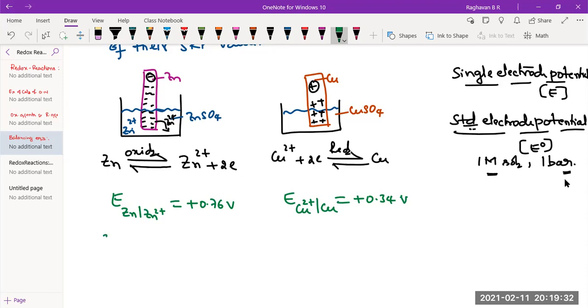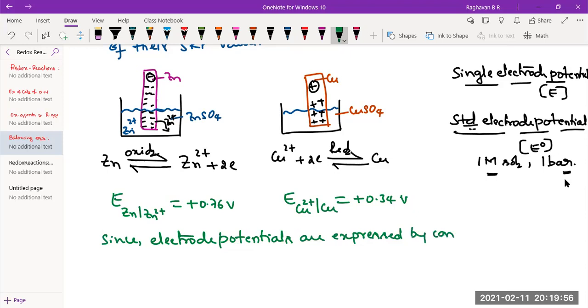Okay, so electrode potentials are expressed by considering reduction. So here it is oxidation potential, right? Whereas here it is reduction potential for copper.